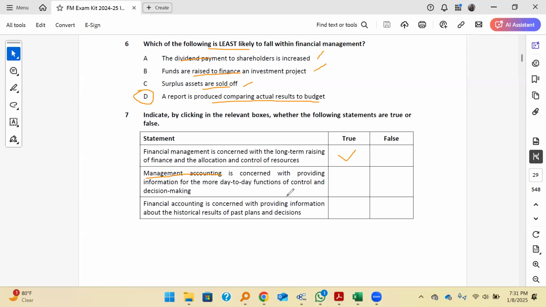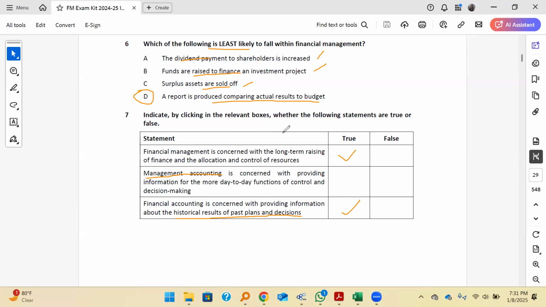So they look at historical results of past plans and decisions to see how we have performed this year. So this is true for financial accounting, whereas management accounts are usually internal and they are mostly used for things like budgeting, to make sure they are controlling the costs within the organization, and also managing the day-to-day functions.